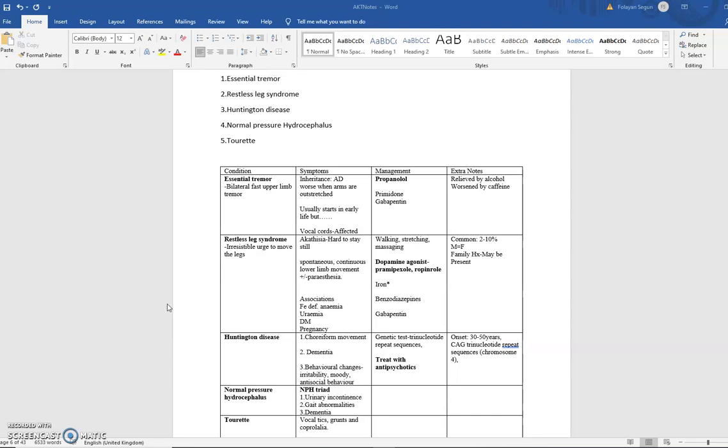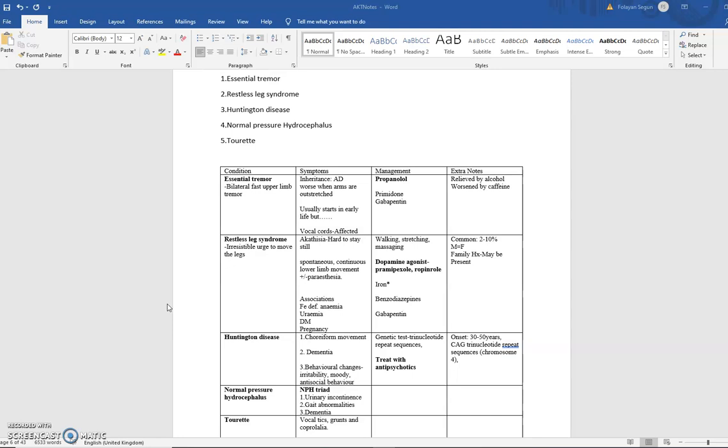It is important to note that even with propranolol, we don't really get very good results with essential tremor. I would like to add that essential tremor could be relieved by alcohol. Funny enough, this is one of the conditions that is relieved by alcohol, and it could be worsened by caffeine.